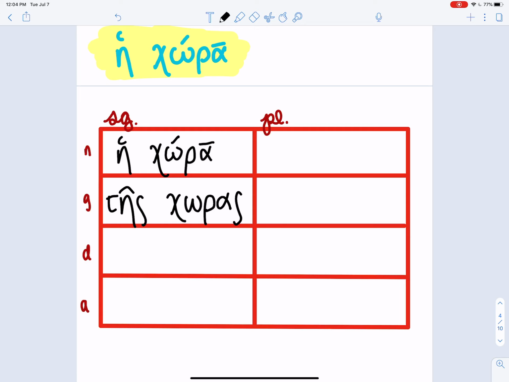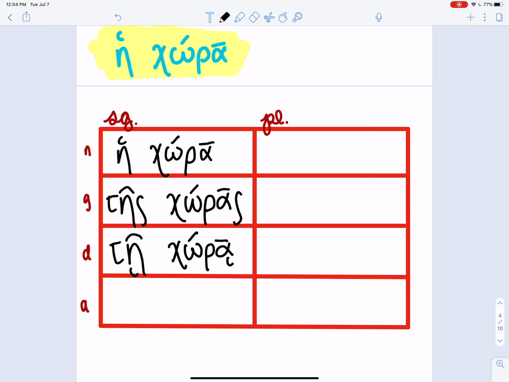And so we're going to keep the acute and also keep that macron on the alpha. For dative, we have te with an iota subscript and a circumflex, and then hora, alpha with an iota subscript. The acute stays there, and we retain the macron there.